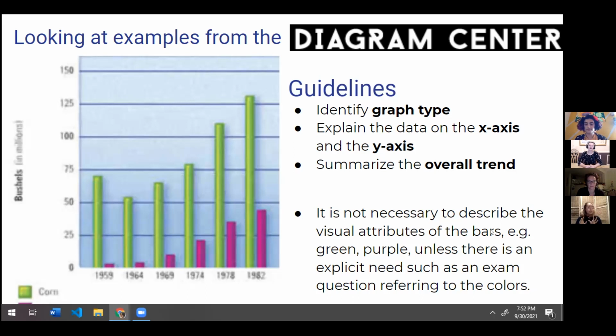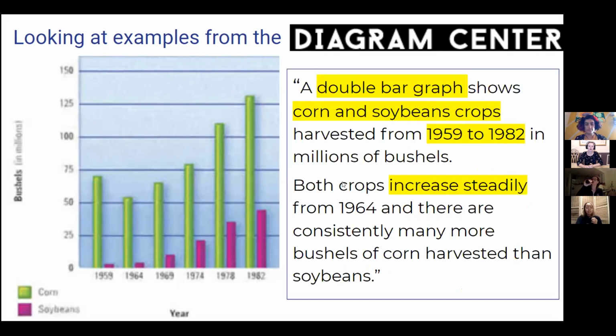It is not necessary to describe visual attributes of the graph, such as the colors, unless there's explicit need for it, such as in an exam. The example you can see has those 3 guidelines of a double bar graph: identifying the graph type, corn and soybean crops from 1959 to 1982, and that both crops increase steadily.